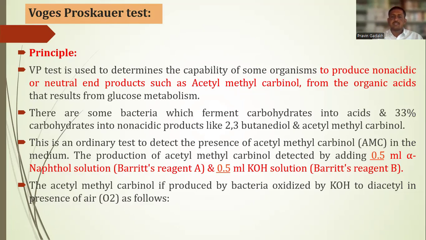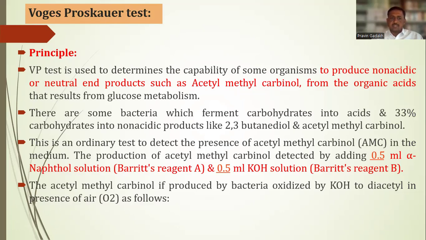The production of acetyl methyl carbinol by the organism is detected by adding 0.5 ml of alpha-naphthol and 0.5 ml of KOH solution; in other words, Barritt's reagent A and Barritt's reagent B. Barritt's reagent A has as its main constituent alpha-naphthol, and Barritt's reagent B is the KOH solution. We add 0.5 ml of each reagent into the broth after incubation.